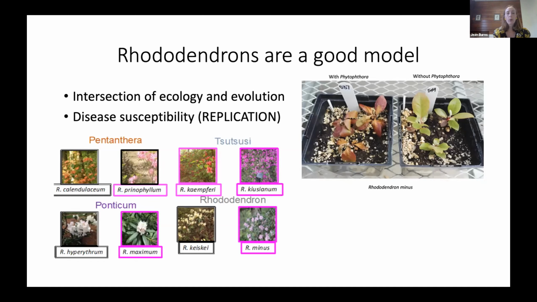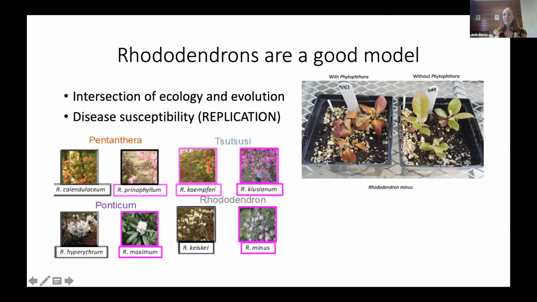I've marked those species that are very susceptible to the disease with a bright pink here. That is, if you add the pathogen, they die. Sort of like Rhododendron minus is in this picture. But its close relative, Rhododendron keiskei, really does not die at a very rapid rate when you add the pathogen. It's much less susceptible to the disease.